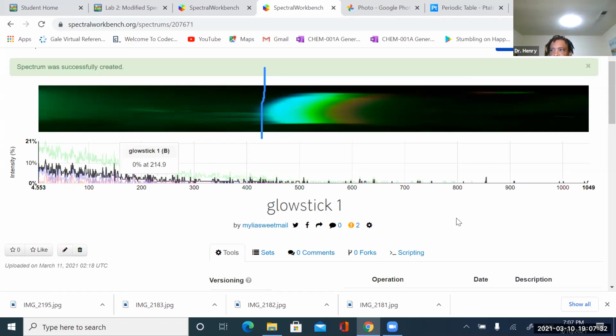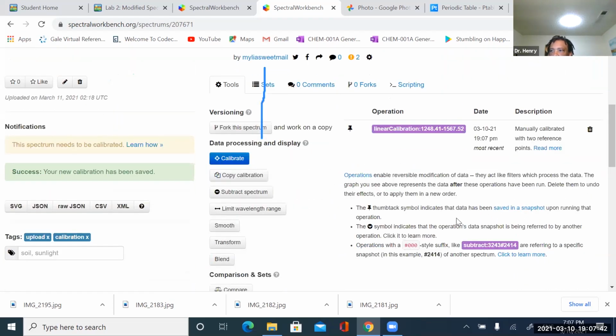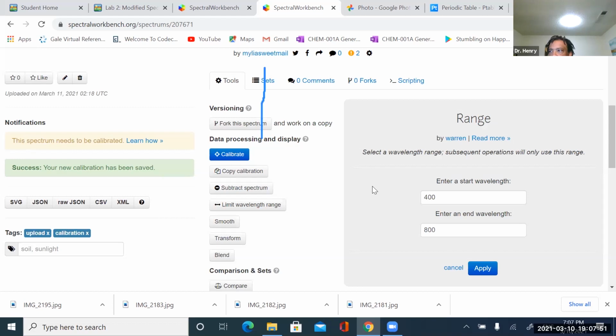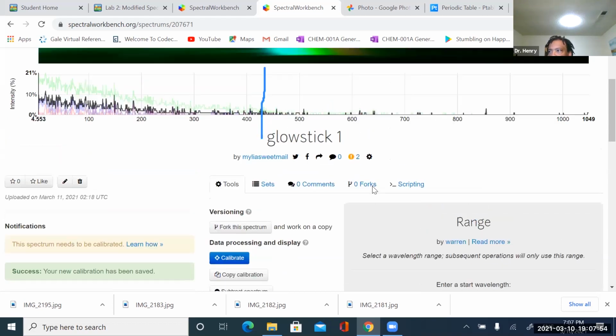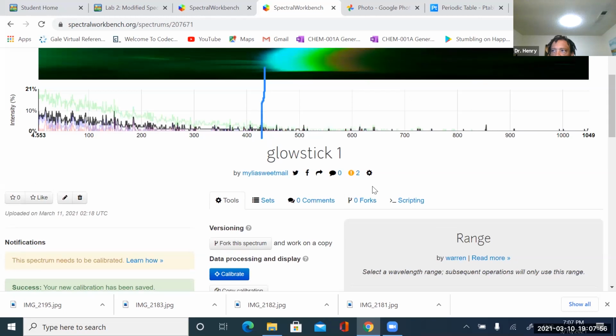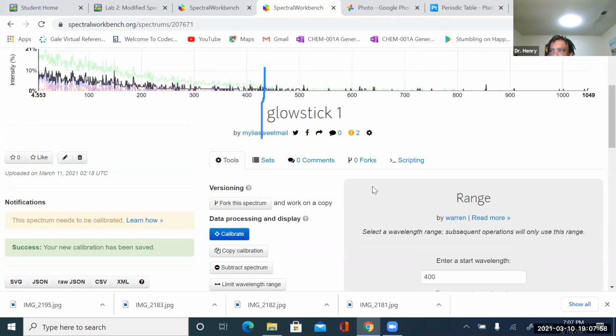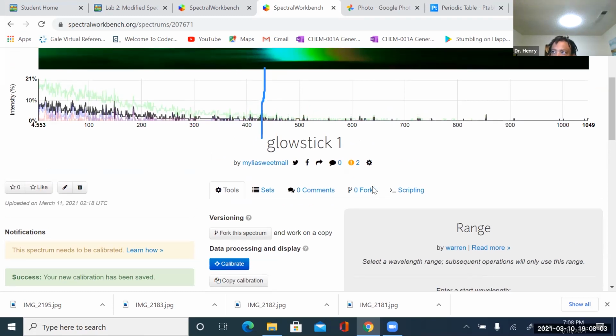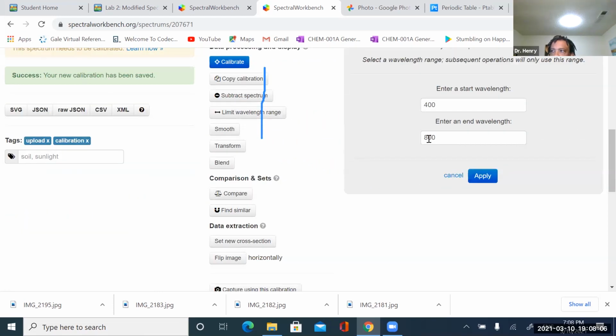And so then, although it likes this part here. Scroll down, and you can set up the region that you want to look at. So limit, you see where it says limit? Yeah, click there. And then start at 400 and go to like 650.